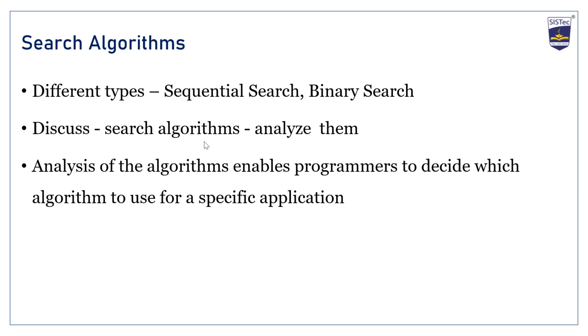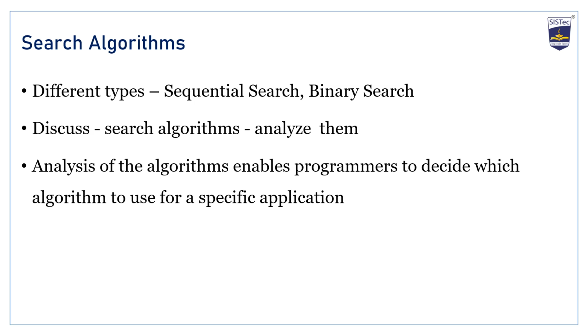Whenever we are discussing any searching algorithm, one important aspect is to analyze it. Why would we like to analyze it? Because analysis of the algorithm enables the programmer to decide which algorithm to use for a specific application. As we have seen, we have two basic types of searching algorithm, sequential and binary search. How will a programmer decide which one to use for a particular project?